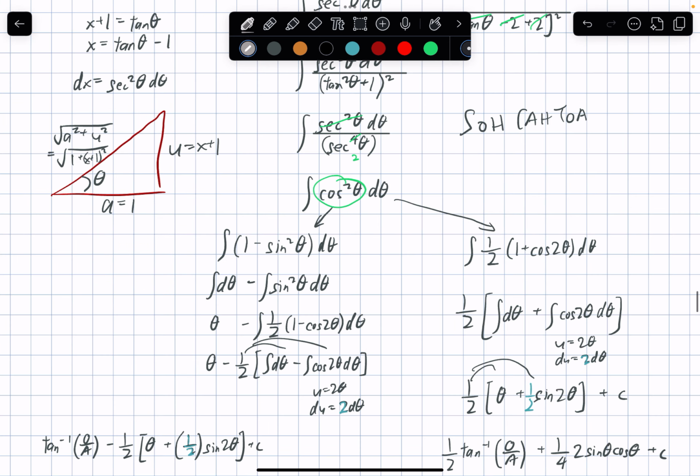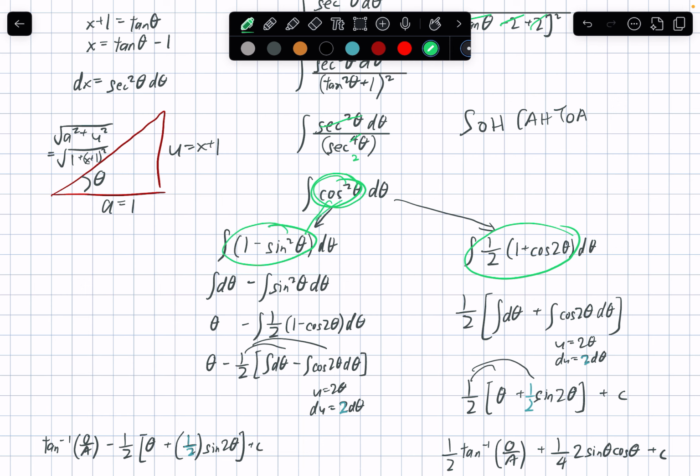Either way, the only difference is that you took an extra step here. You could have rewritten cosine squared theta as this one already, but because you used a tool, technically this is equal to cosine squared theta, and sine squared theta is equal to this. Just essentially, you have to remember these are equal.